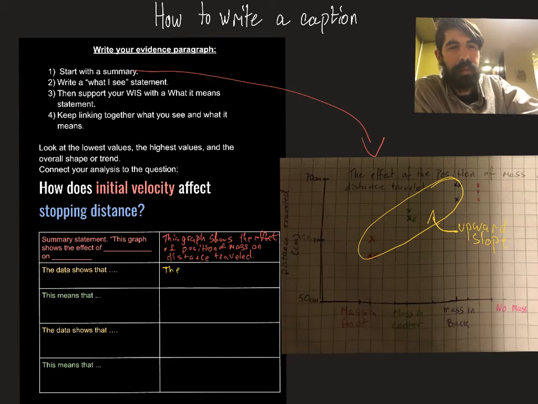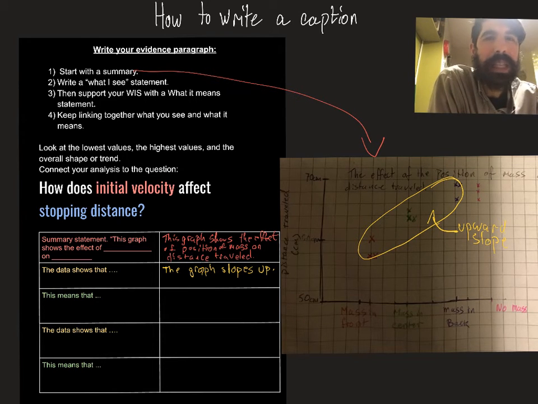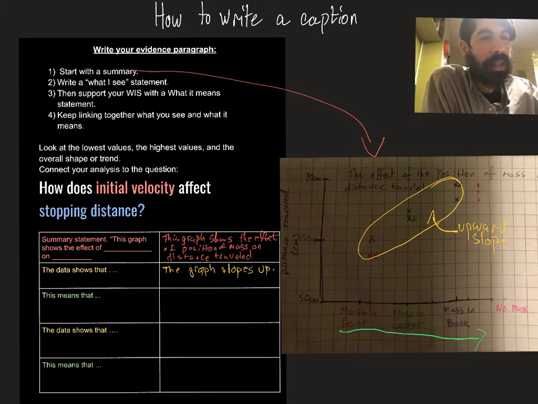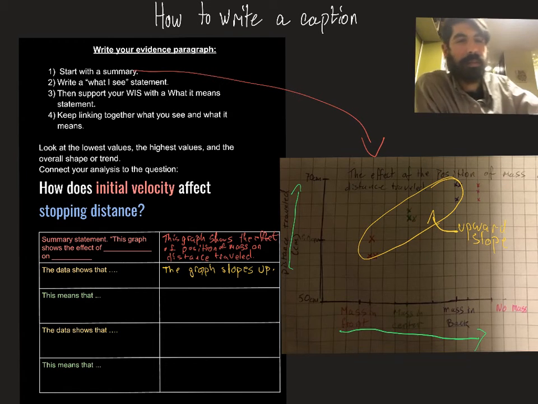The graph slopes up. What does that mean? So what? It slopes up. What does it mean? Well, that's our favorite statement, right? As the mass moves towards the back, the distance traveled increases.